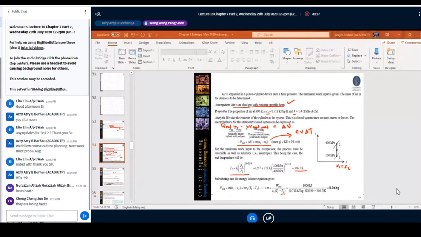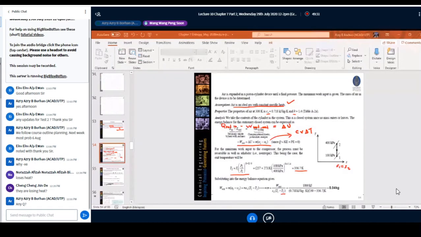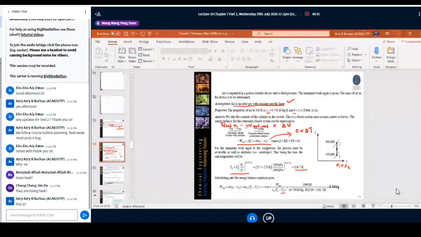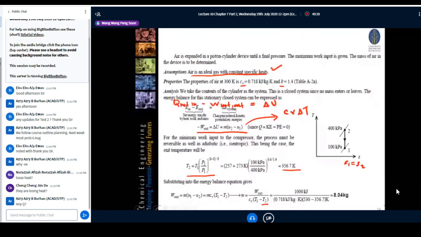Excuse me, sir. Yep. Just now, for the value of U2 minus U1, you said that we cannot take the value of U from the table. You say that the reason is because the question is about constant specific heat. So if the question is variable specific heat, then we can take the values of U2 and U1 from the table.